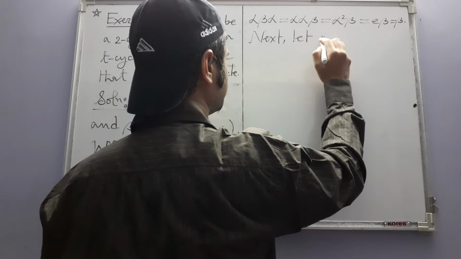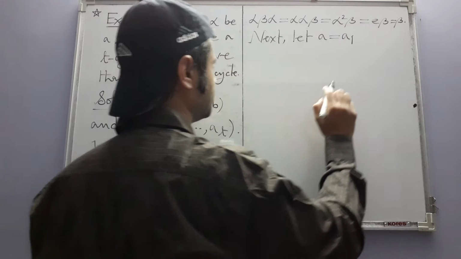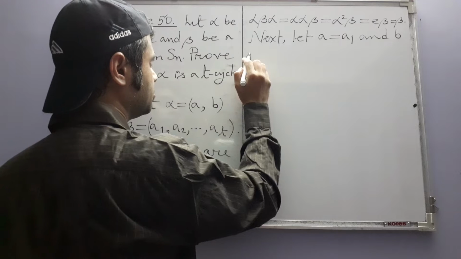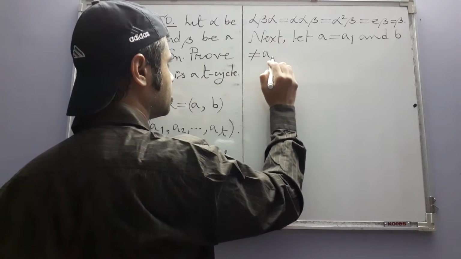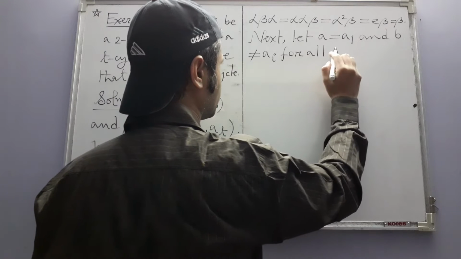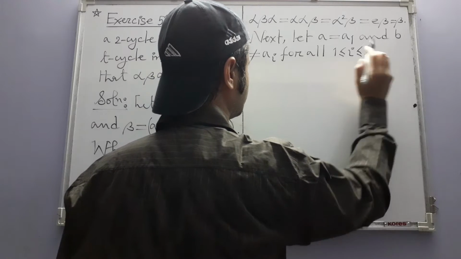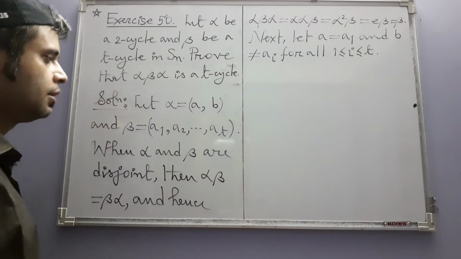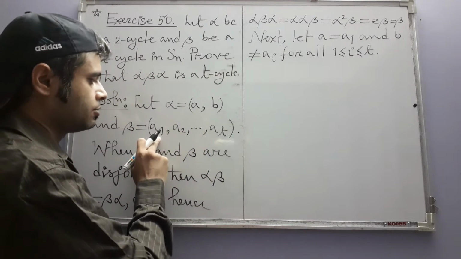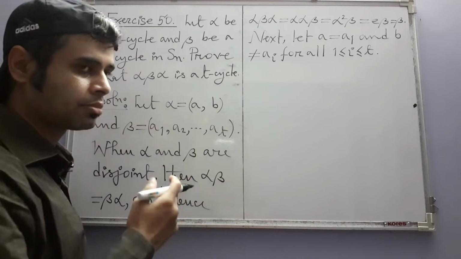So let A be equal to A1 and B be not equal to Ai for all i between 1 and t. Now you may be wondering, why are we assuming that A is equal to A1? Is it not possible that A is, say, equal to A2 or some other Ai?